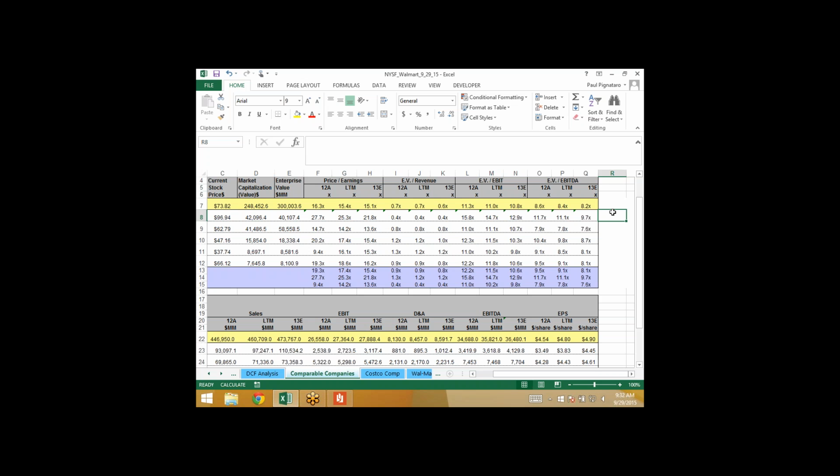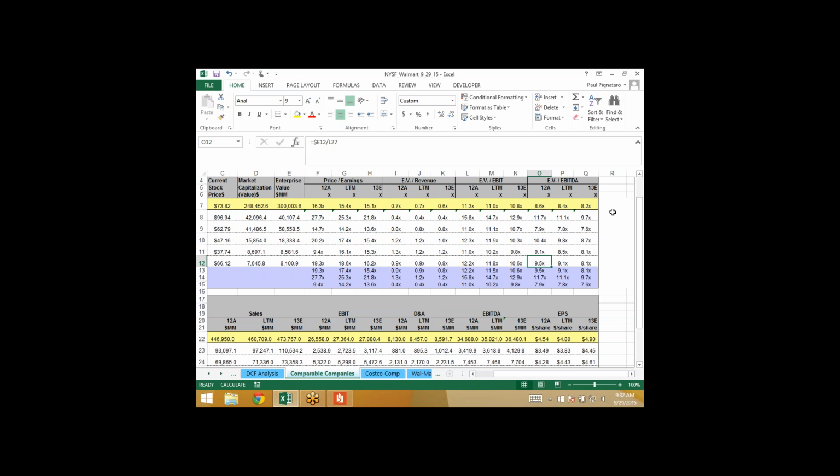So we just look at the median, those metrics down there, and see where Walmart stands, under or over. Yep. So you can look at Walmart's metrics in relation to its competitors to determine whether it was overvalued or undervalued.